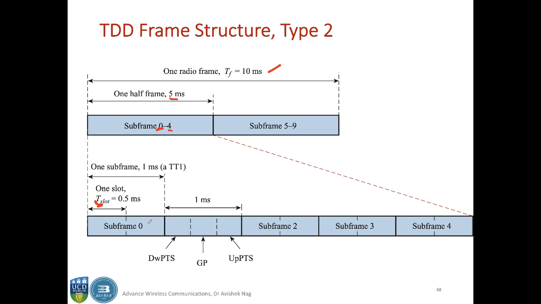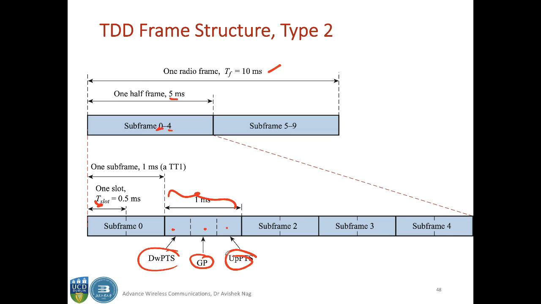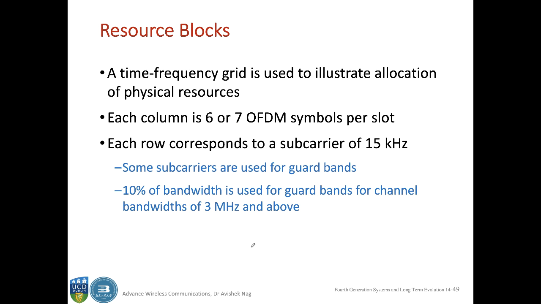One slot corresponds to one subframe, and then these special subframes contain these 3 different fields: the DwPTS, the guard period, and the UpPTS. So these were the frame structures for both TDD and FDD.